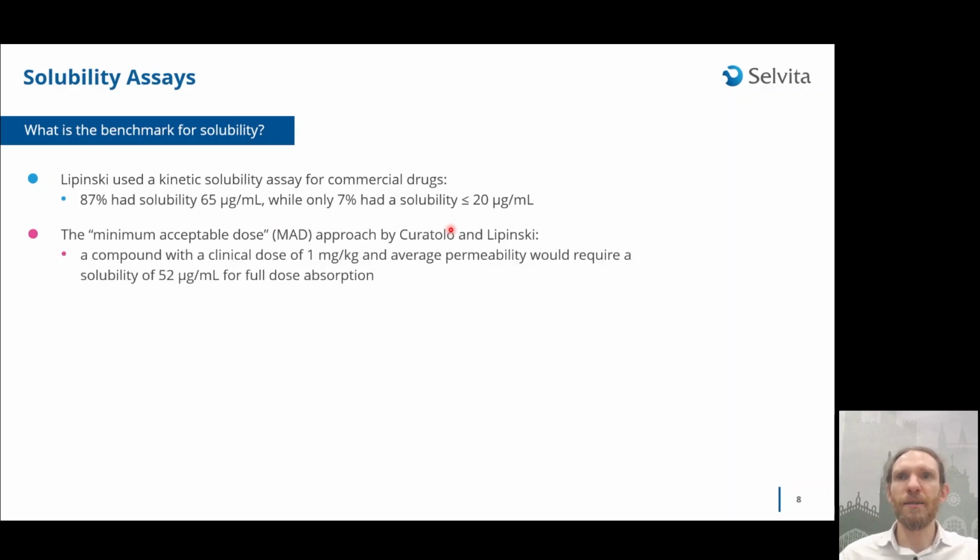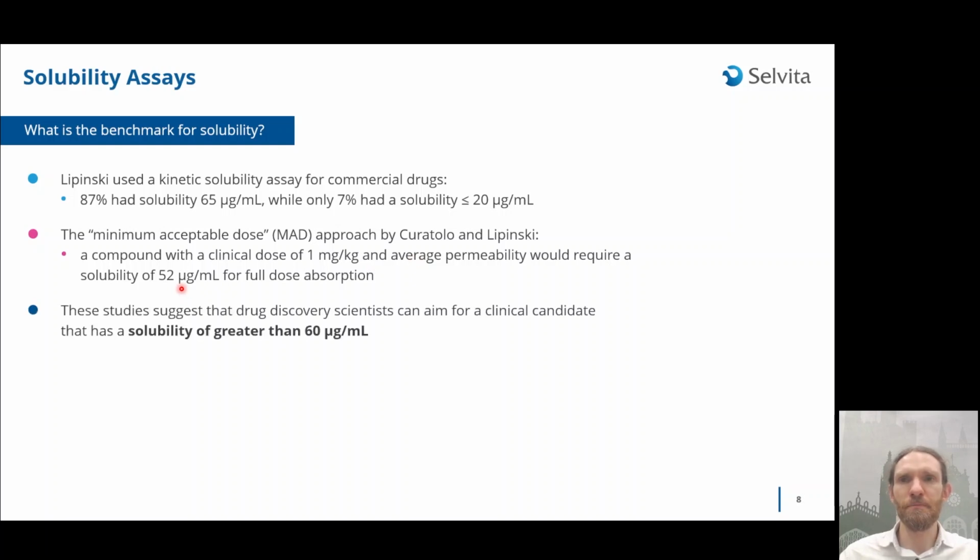This was followed by a minimum acceptable dose approach applied by Curatolo and Lipinski. They found that a compound with a clinical dose of 1 milligram per kilogram and average permeability would require a solubility of 52 micrograms per milliliter for full dose absorption.